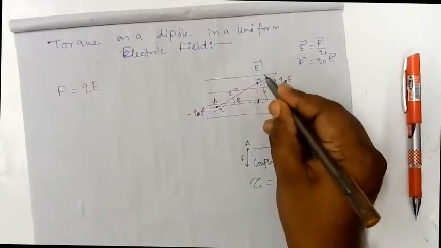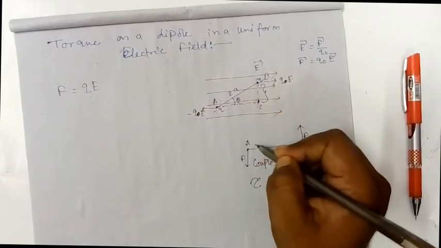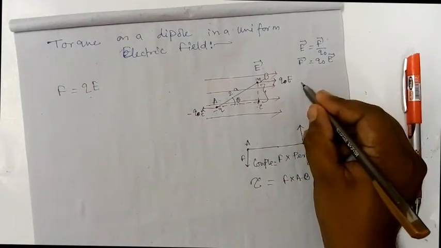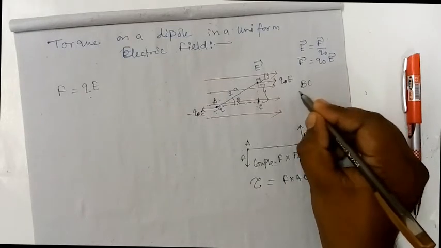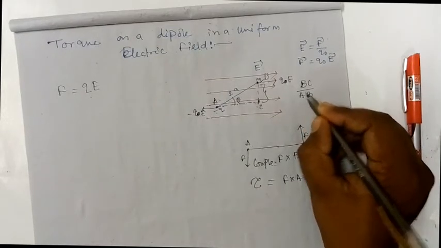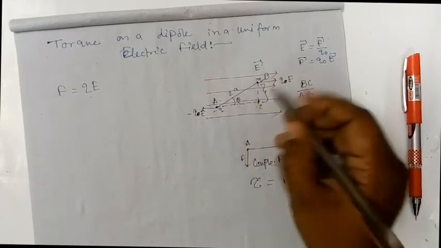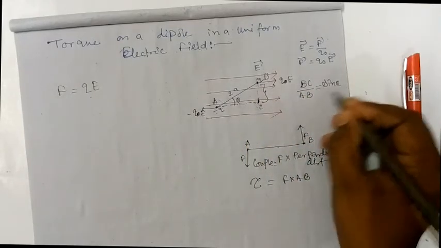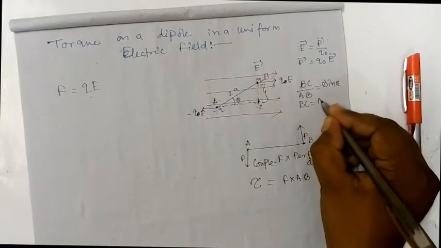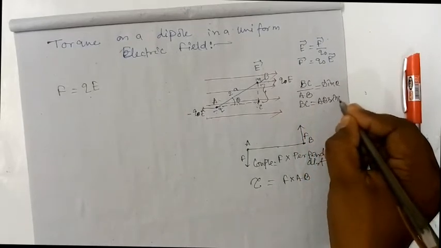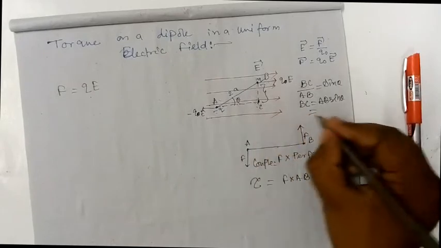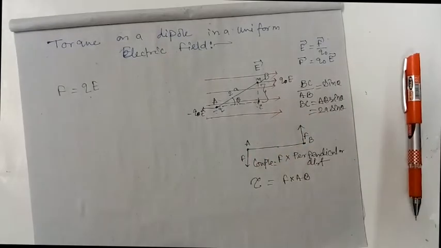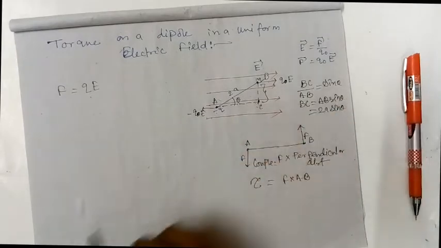Assume it is A, it is B, and here it is C. You see it's a right angle triangle. For a right angle triangle, BC by AB, perpendicular by hypotenuse, equals sine theta. So BC equals AB sine theta, and the value of AB we know is 2a, so it is 2a sine theta. That is the perpendicular distance.